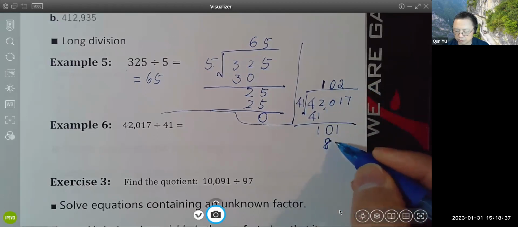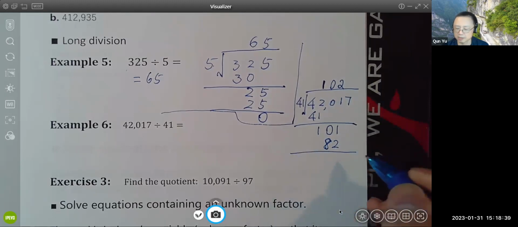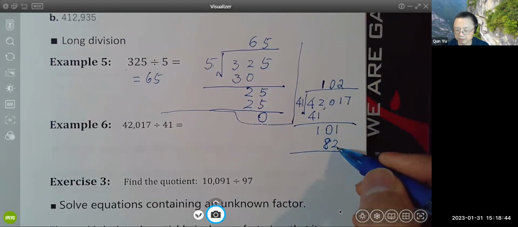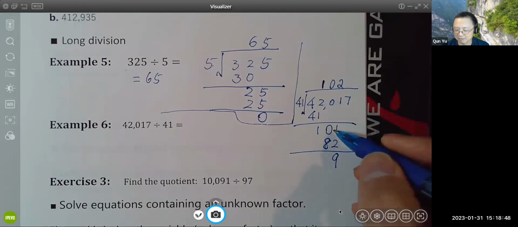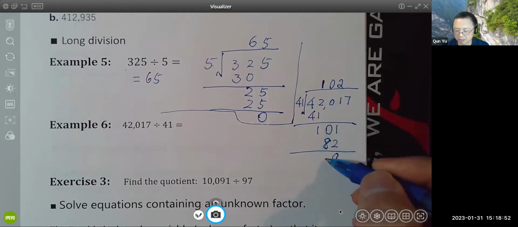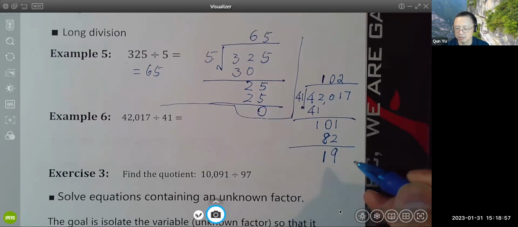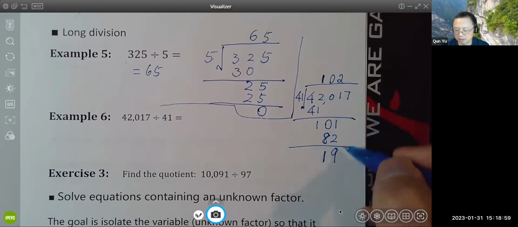So do subtraction to get the remainder. We need to borrow. So 11 minus 2 is 9, 9 is the answer. And after we borrow, this becomes 9. So 9 minus 8 is 1. So 101 minus 82 is 19. Now put down another digit, which is 7, the last digit.